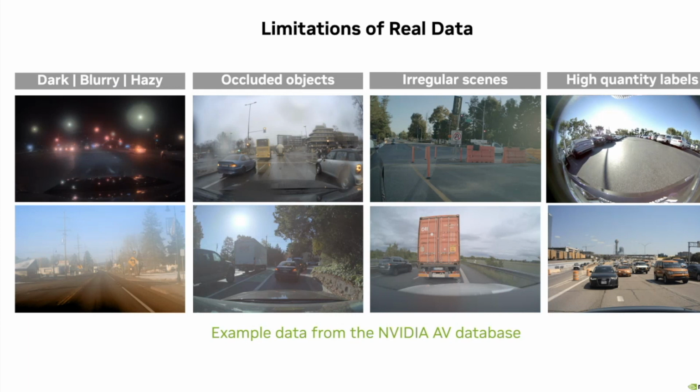Here in this slide, I'm showing you some examples of our data set, which we use to train our autonomous vehicles. And yes, at NVIDIA, we work in many different domains, and autonomous driving is one of them. Here you can see that we can have data which is blurry or hazy. It will be really hard to label those. You can have some occluded objects.